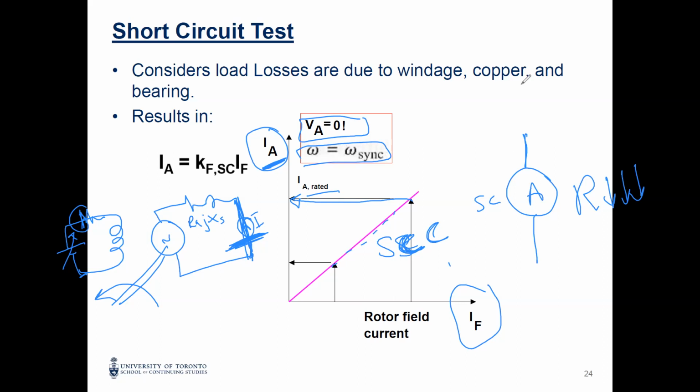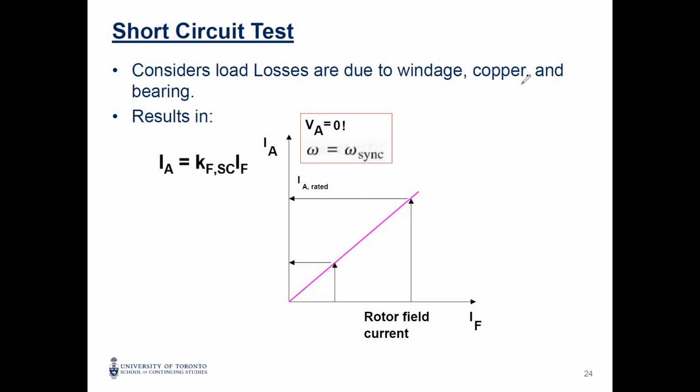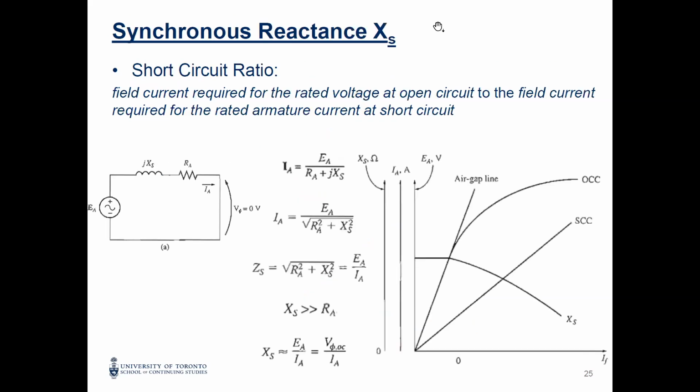Okay. So when you have both the open circuit characteristic and the short circuit characteristic, we can divide them to get the values for the impedance, or the XS. So let's go back. This is the short circuit again. You can see the voltage here is 0. So this current is E over this impedance.